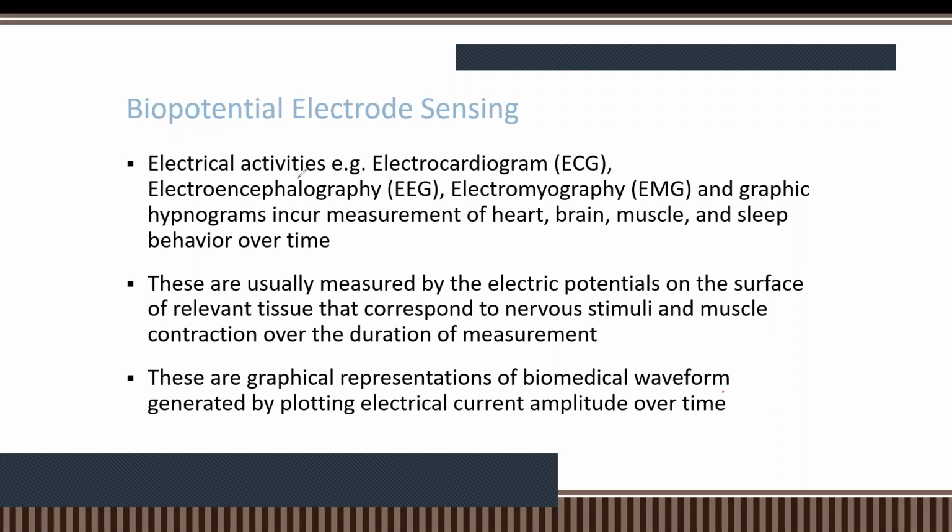So electrical activities, for example ECG, similarly EEG and EMG, and also other measurements of heart, brain, muscle, and sleep, they behave over time. That means they change over a period of time within a threshold. Okay, lower threshold and upper threshold. Okay, इसके दरमियान में these quantities vary.